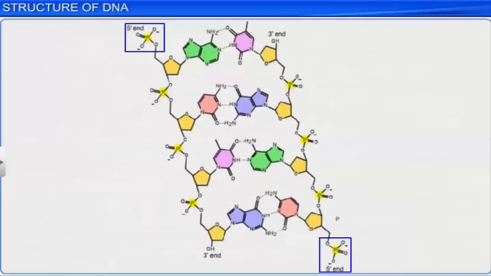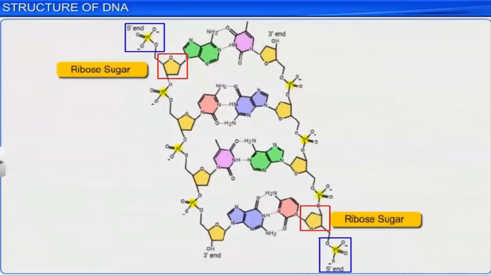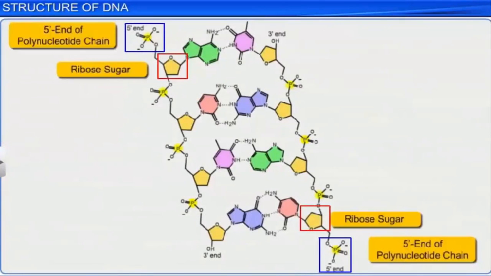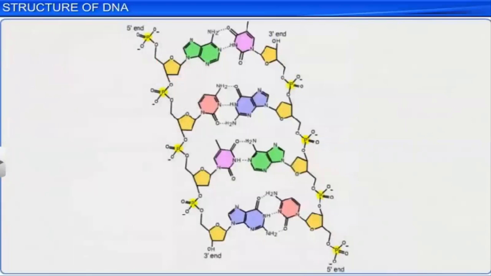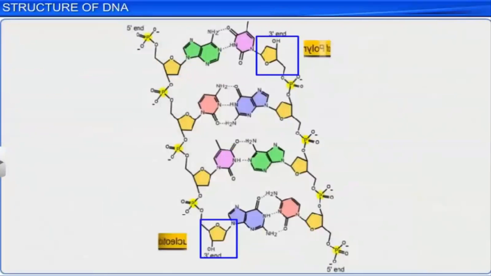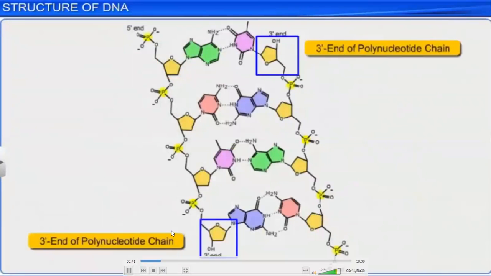At one end of this chain is a free phosphate moiety at the 5' end of the sugar, which is called the 5' end of the polynucleotide chain. Similarly, at the other end of the chain is present a sugar with a free 3' OH group, which is called the 3' end of the polynucleotide chain.